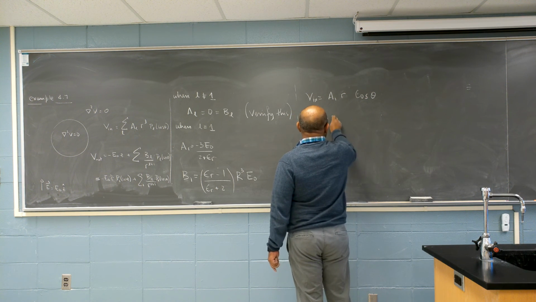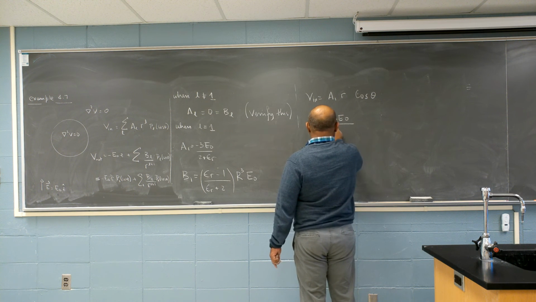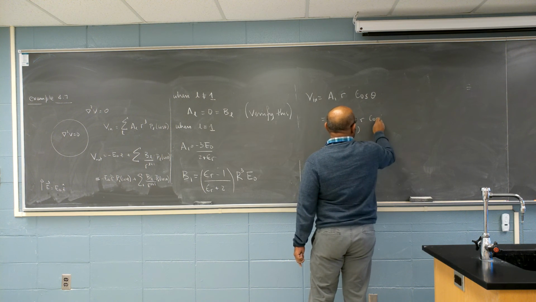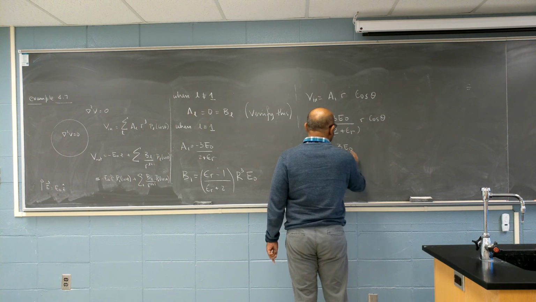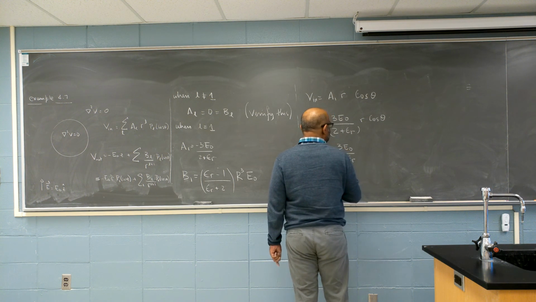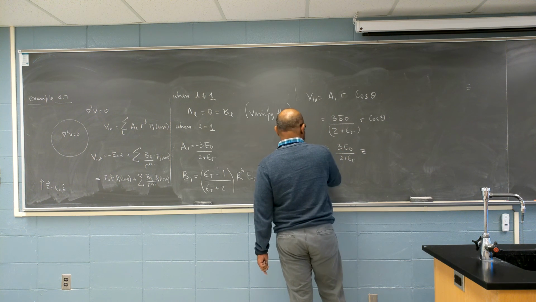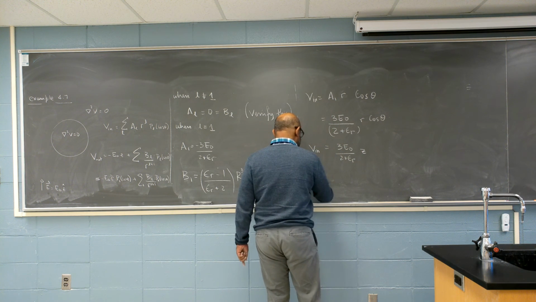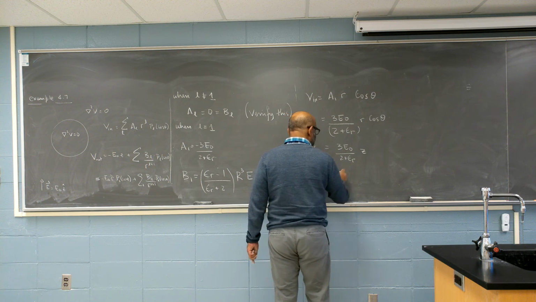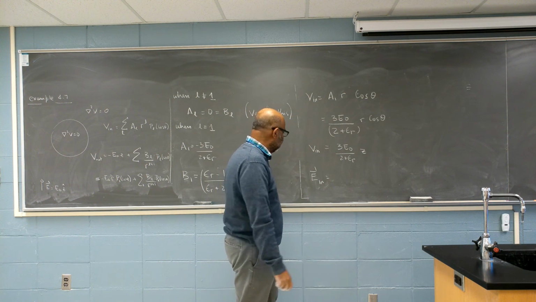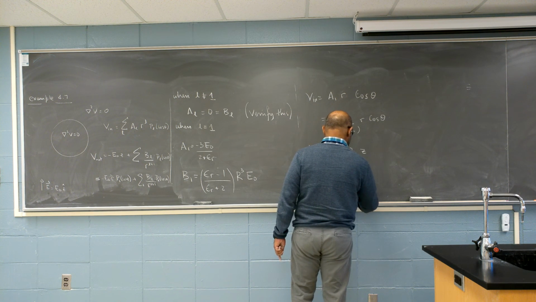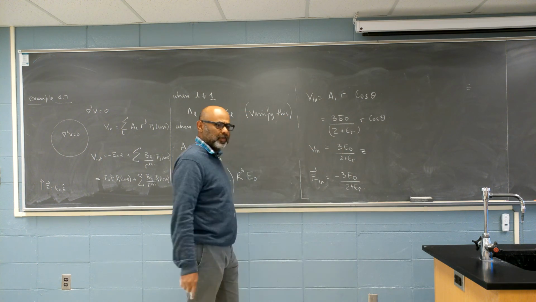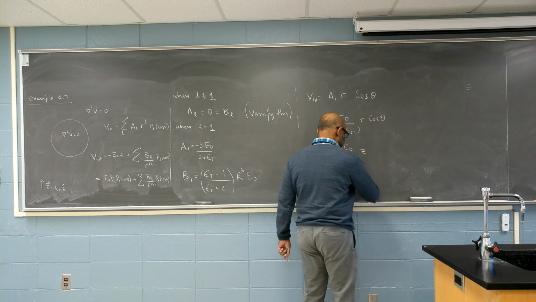So that is minus 3 E0 over 2 plus the dielectric constant, times R cosine theta, or even times Z. So the electric field inside, because I know how to take the Cartesian negative gradient, is in the Z hat direction.